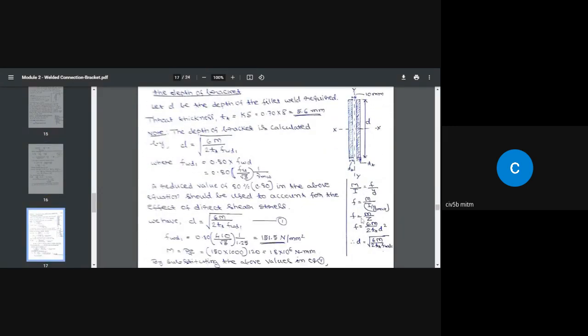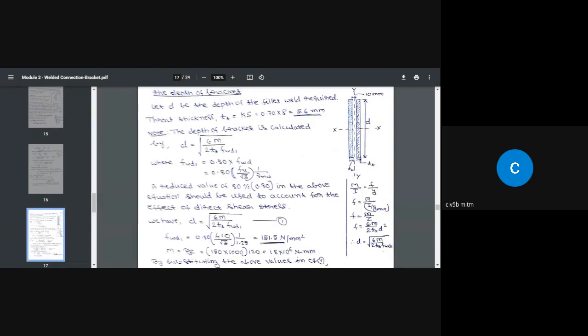So if you come down again, this depth is based on this F. This F is nothing but the F2 value, but the extreme weld is going to be subjected not only to F2, it is going to be subjected to F1 as well.